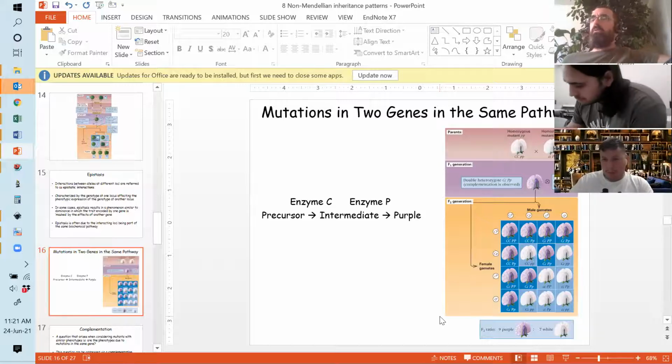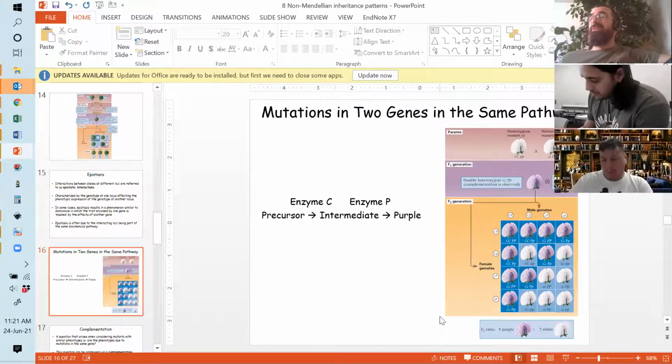So for example, in dominant epistasis, you'll have a 12 to 3 to 1 ratio. And there's all kinds of funky ones. Again, don't worry too much about it. You can read up on it if it tweaks your curiosity.